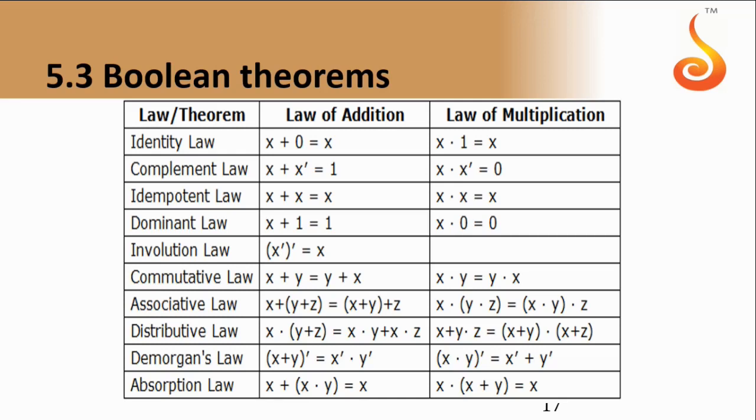Fine. The first one is identity law. What does it say? Law or theorem, I can say x plus 0 is equal to x, and that is the law of addition. That is, the identity law of addition states that when a variable is ORed with 0, then the result would be the variable itself.